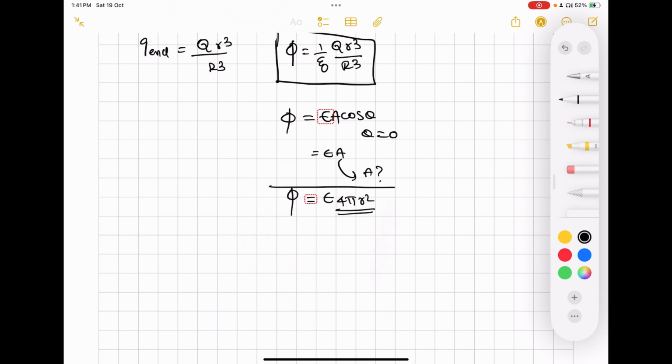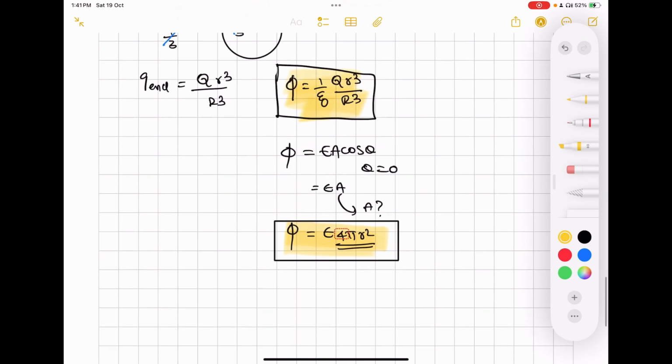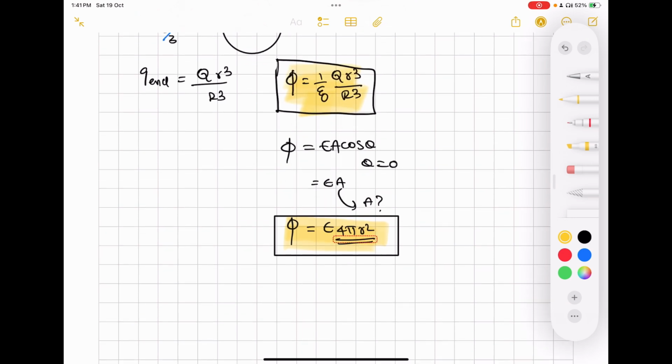So we have the expression for phi. Phi is equal to E into 4 pi r square. We have phi is equal to 1 by epsilon 0 Q r cube by R cube. Now we will equate these two equations.